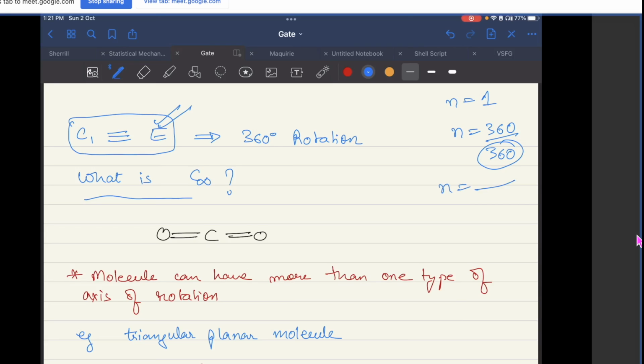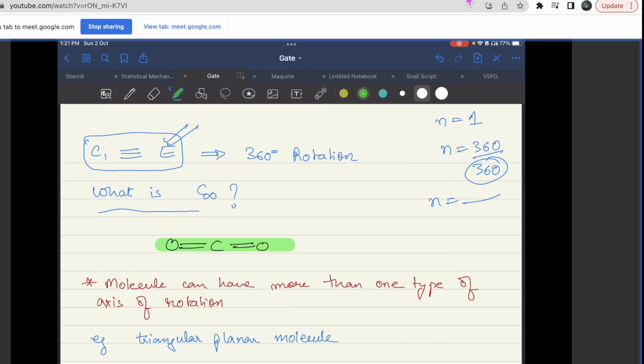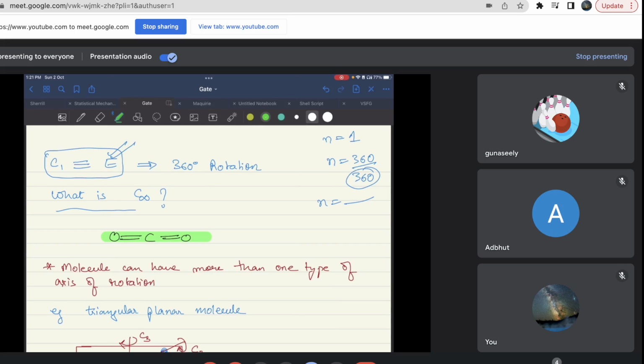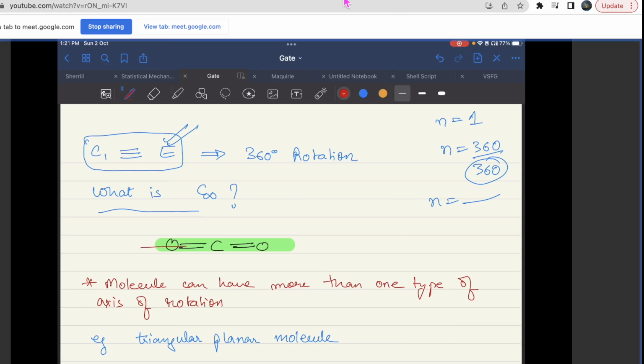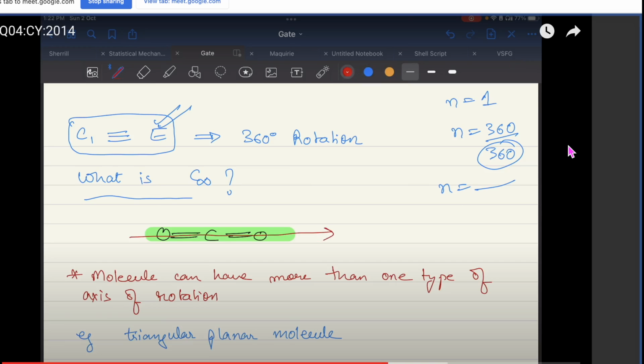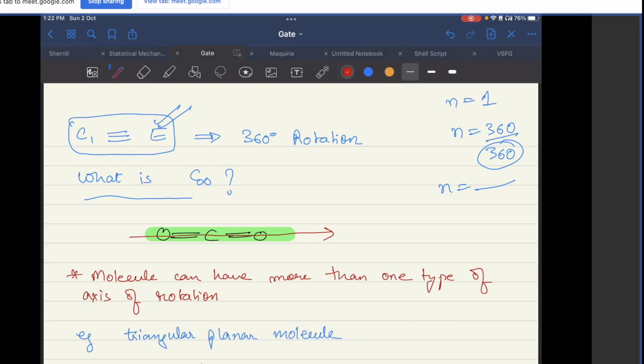If you are asking me about C infinite, there should be something making n is equal to infinity. So if you see this particular molecule, CO2 is a linear molecule, and if I draw this rotational axis along these atoms, carbon and two oxygen, you will see that for any number of rotations, I will get the same molecule.